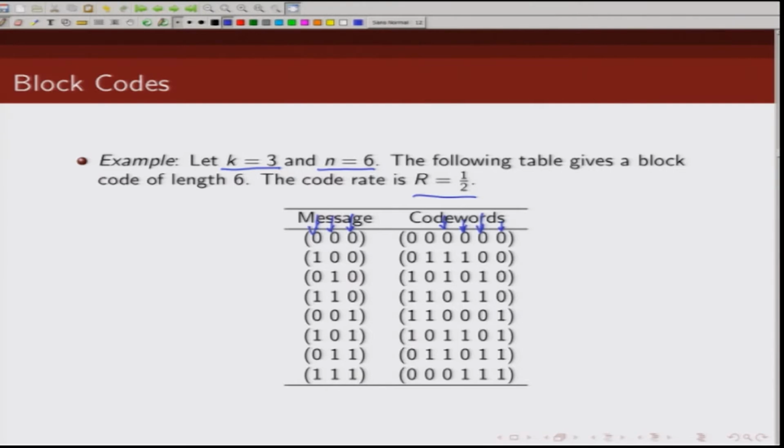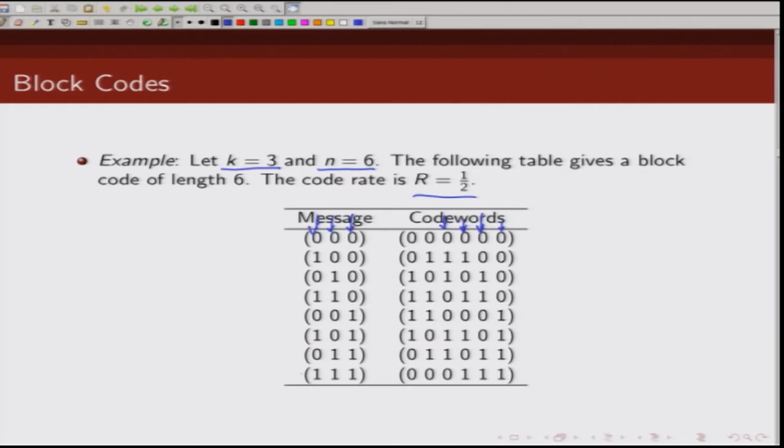So, 0 plus 0 is 0, 0 plus 1 is 1, 1 plus 0 is 1, and 1 plus 1 is 0. It is modulo 2 addition. So, 1 plus 1 is 0, this is 0 plus 0 is 0, 1 plus 0 is 1, 0 plus 1 is 1, and 1 plus 1 is 0.